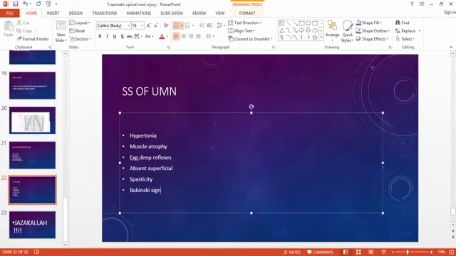Yes, now you've got it, Jawad. So if you scratch on the lateral aspect of the sole of your foot and go towards the big toe, there'll be extension of the big toe, and there'll be fanning of your toes.